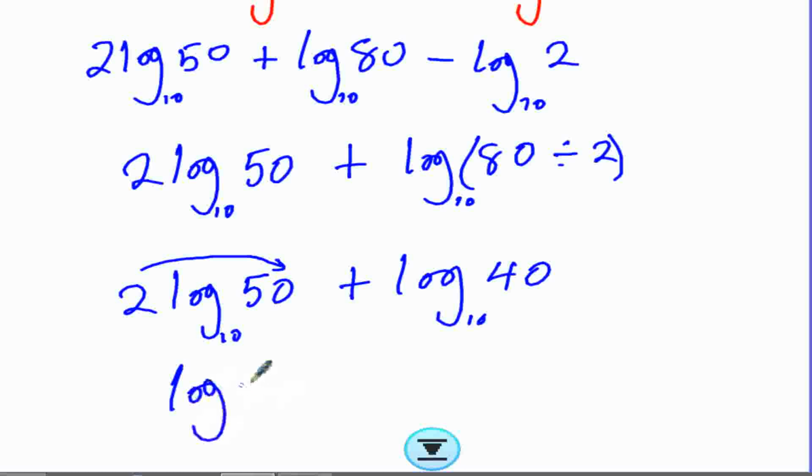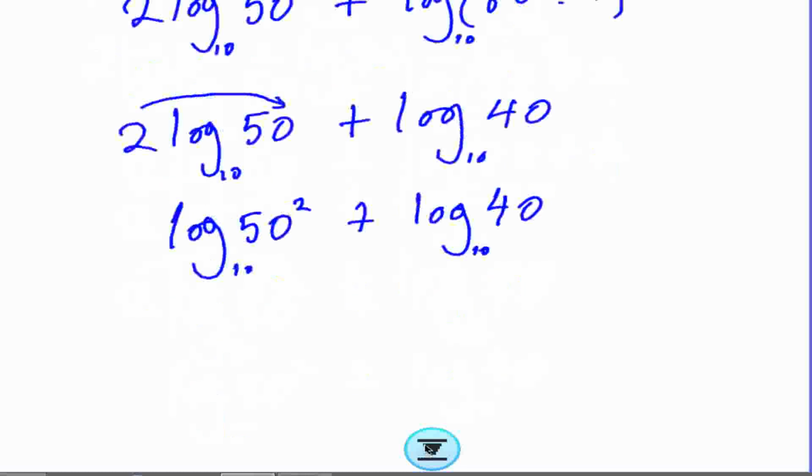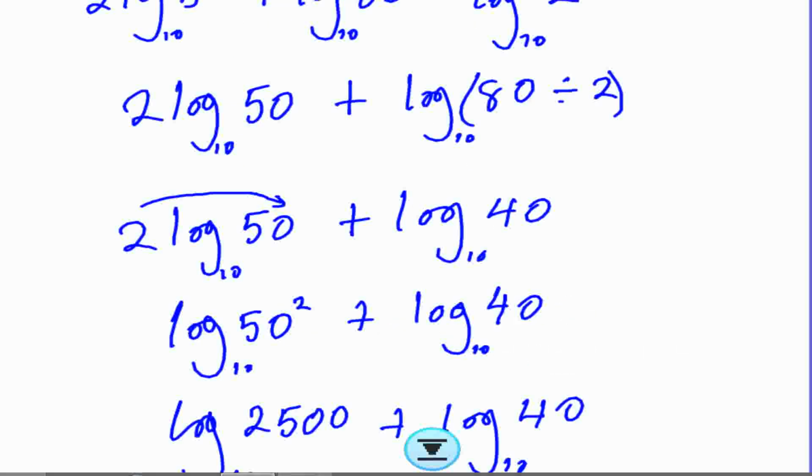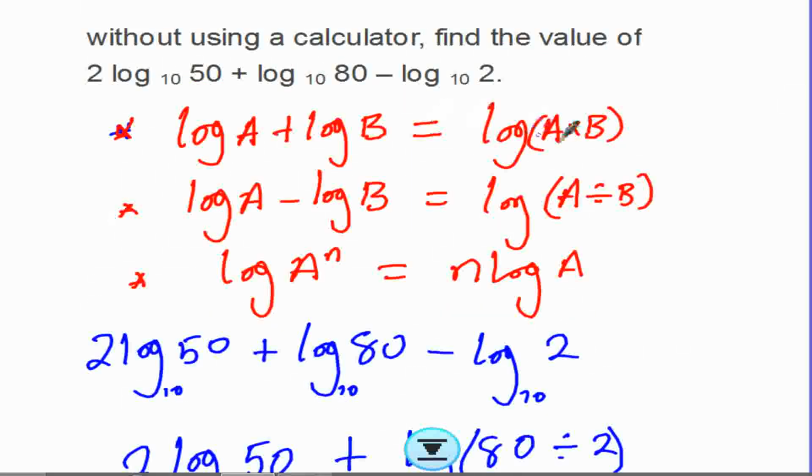So it is log 50 power 2 plus log 40, our bases are 10. And then what is 50 squared? That will be log 2500 base 10 plus log 40 base 10.